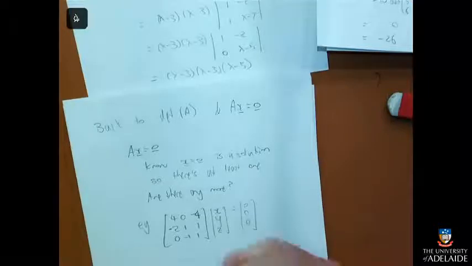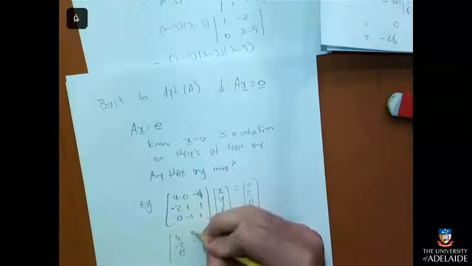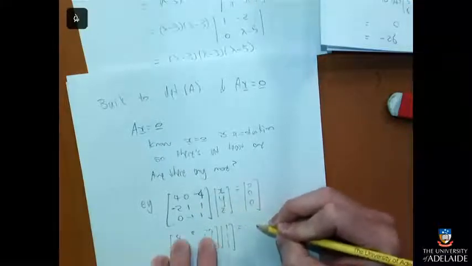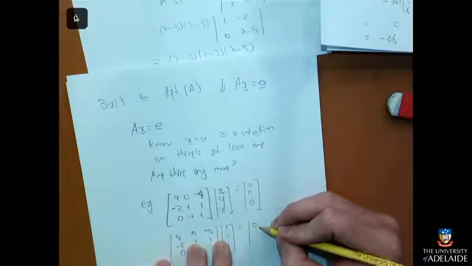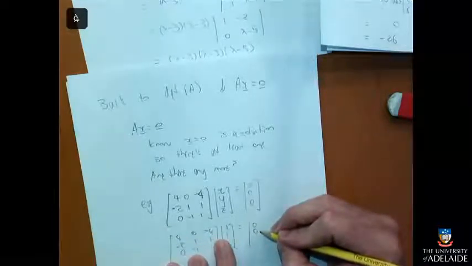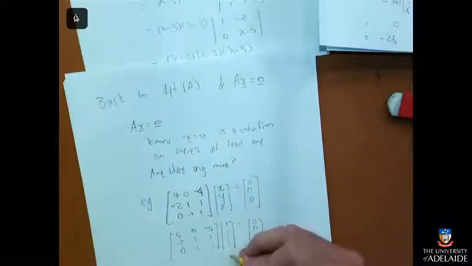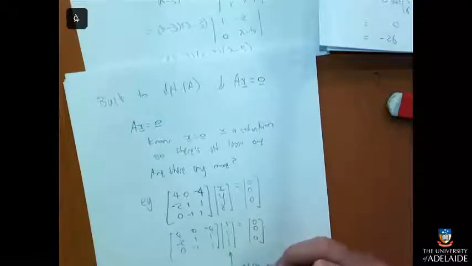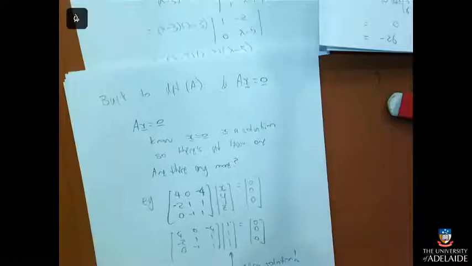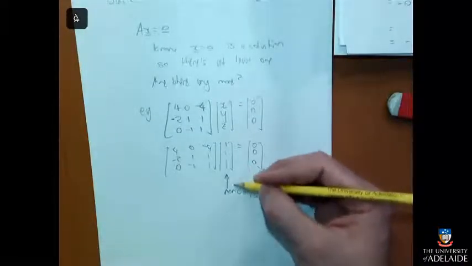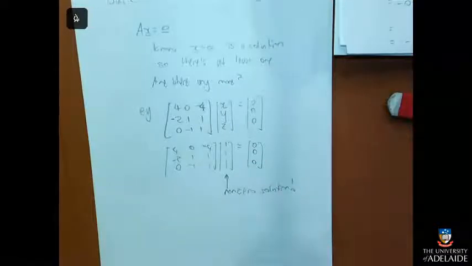So is 1, 1, 1. So we get 4, 0, minus 4, minus 2, plus 1, plus 1, 0, minus 1. So I've got more than one solution. Okay? And in fact, I could put 2, 2, 2 and 7, 7, 7 and minus 1, minus 1, minus 1, and they'd all come out to 0. Because it would just be timesing whatever we had by that number. So I've got infinitely many non-zero solutions.